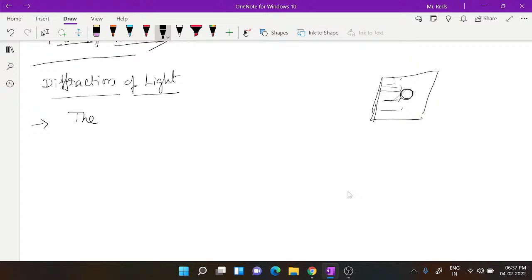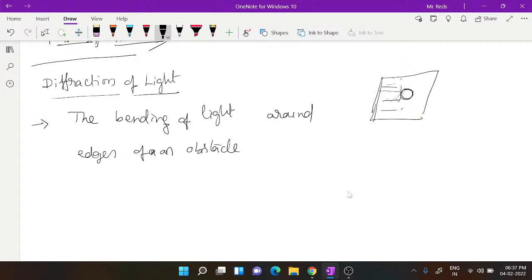The bending of light around edges of an obstacle, when it is traveling and encroaches into the shadow region of that object, you can say.